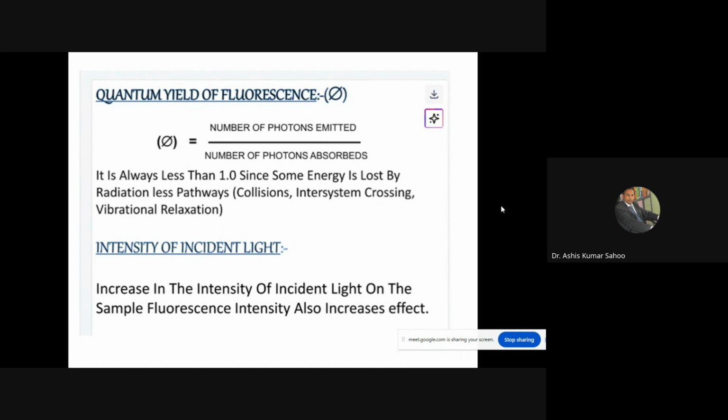The quantum yield will always be less than 1, since some energy is lost by radiationless pathways such as collision and intersystem crossing. Whatever the intensity of incident light, increasing the intensity of incident light on the sample will increase the fluorescence.